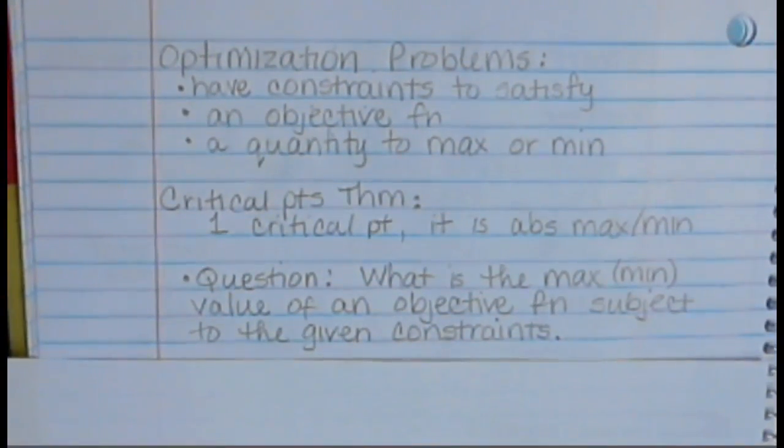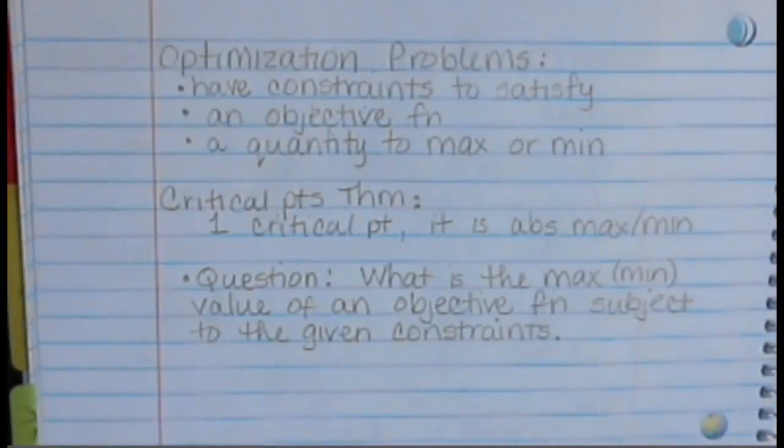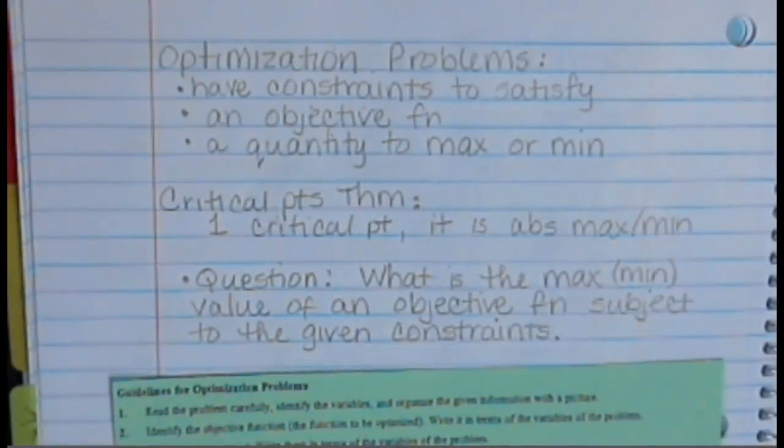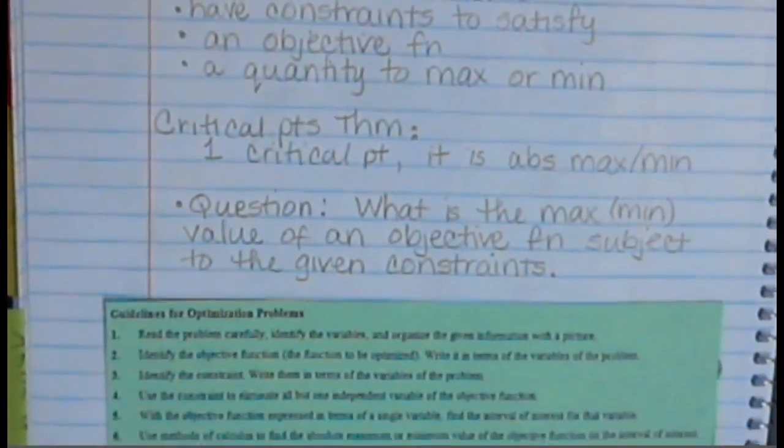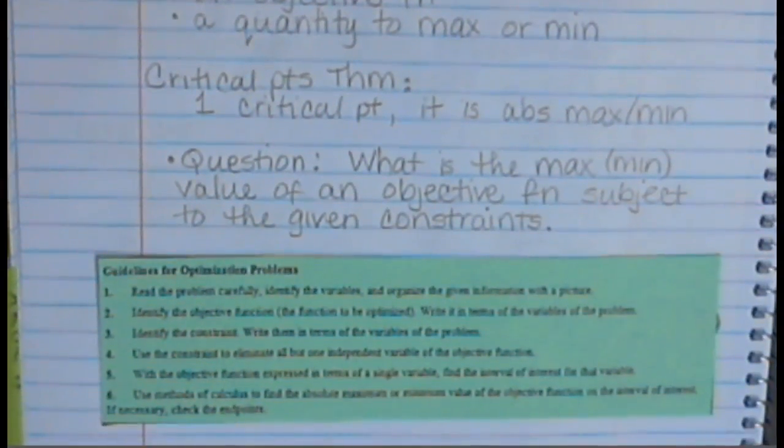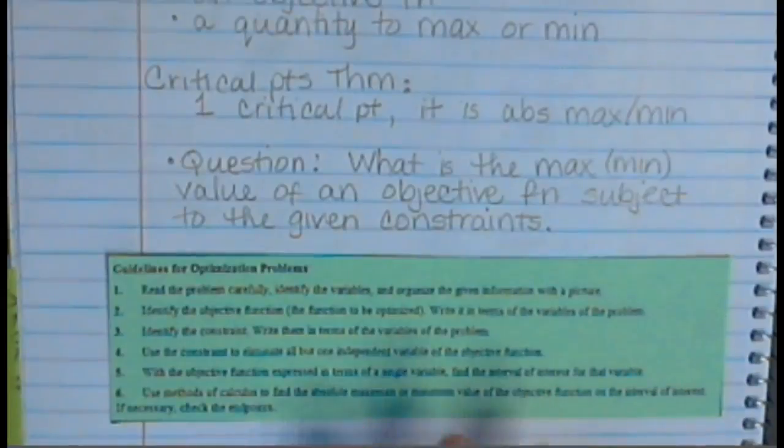The other thing I want to mention is that I gave you a green handout that had the guidelines for optimization problems. So we're going to put them right here on page 85, and I'm going to read them to you so that you can see what we're going to be doing for these problems.